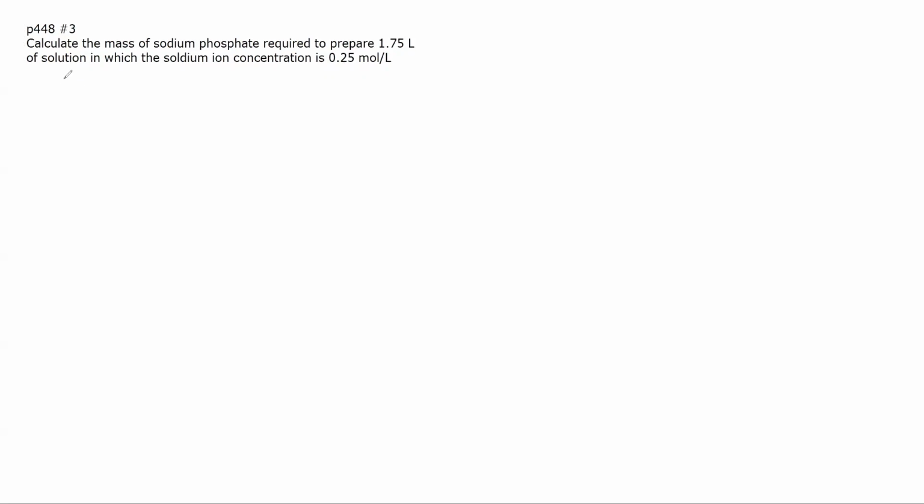Let's see. This time I'm not even going to create an equation. I'm looking for the mass of sodium phosphate if I want to prepare 1.75 liters of a solution in which sodium ion concentration is equal to 0.25 moles per liter.